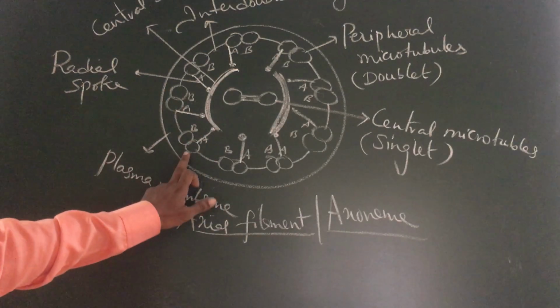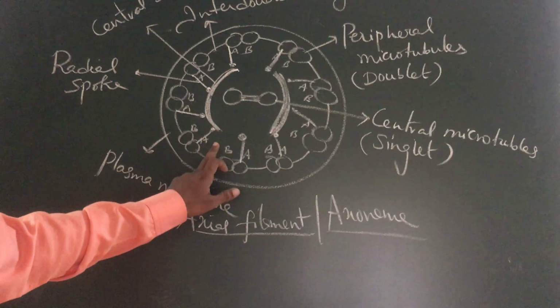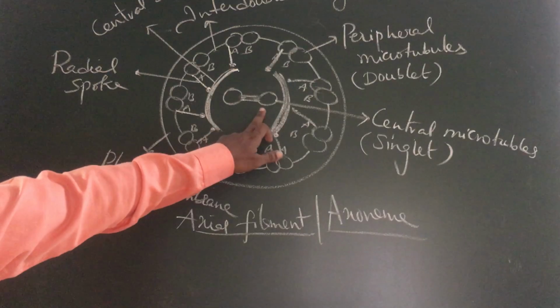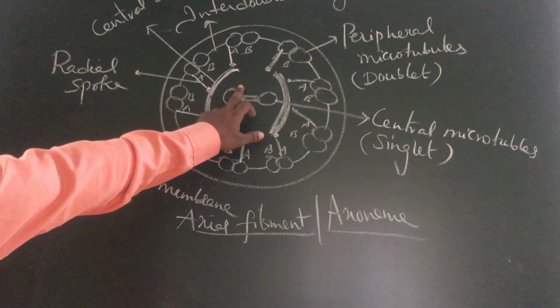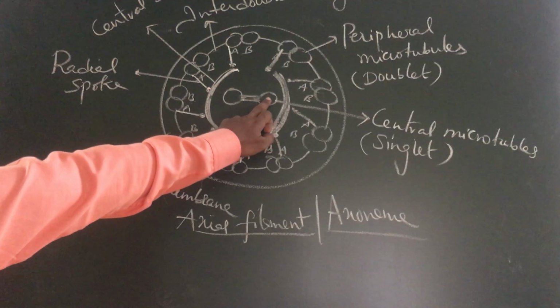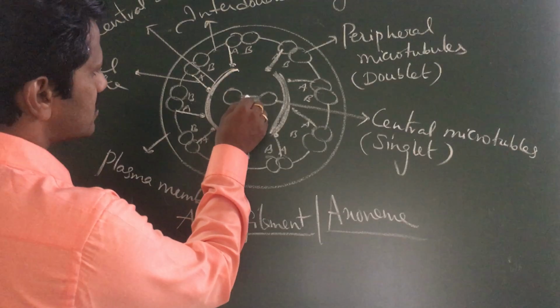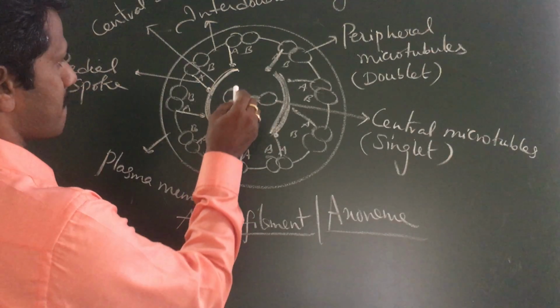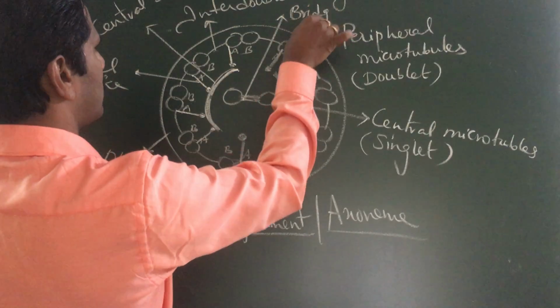This is the cell membrane, and you have here the doublet bridges, and there is a gap, again the central sheath, and again to this center. Now the two central microtubules are attached by a bridge. This is called the bridge. Okay, note down.